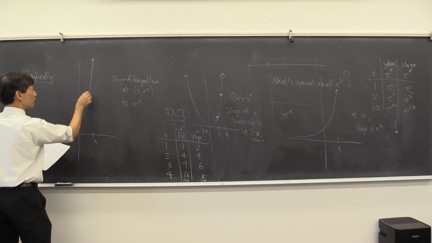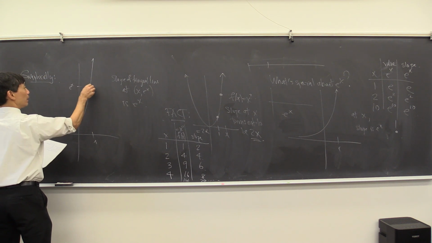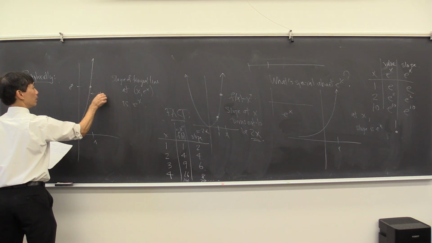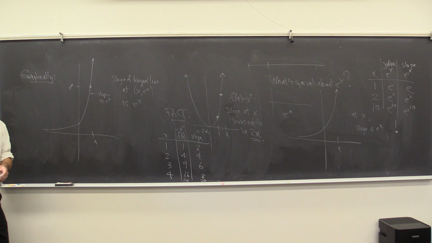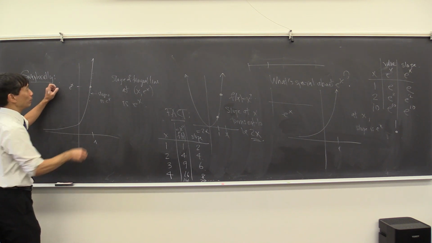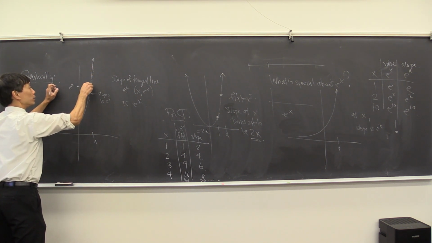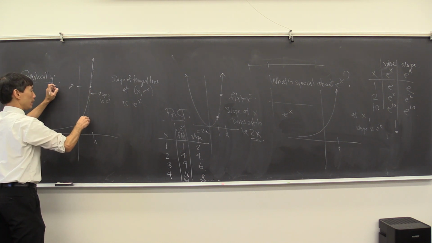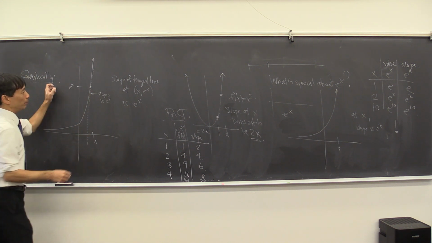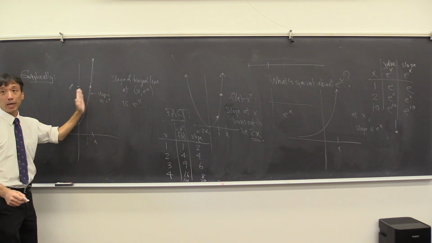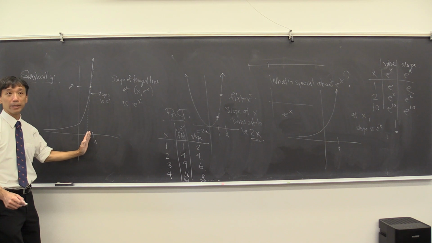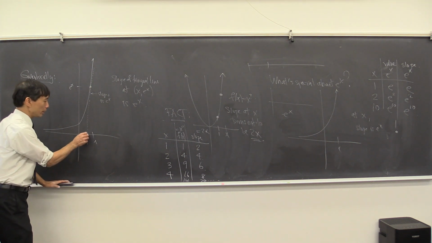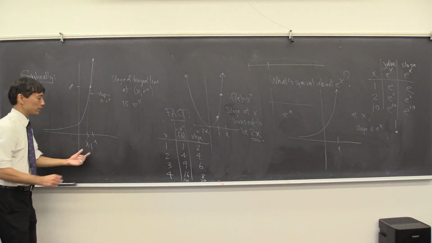So if this is x and this is e to the x, then the slope of the tangent line is e to the x. And what that means is that if we drop this line and we look at the intercept of this line, the slope is e to the x, the height is e to the x here. So if we step one back, it'll travel e to the x backwards, right? So it'll always be at x minus 1.